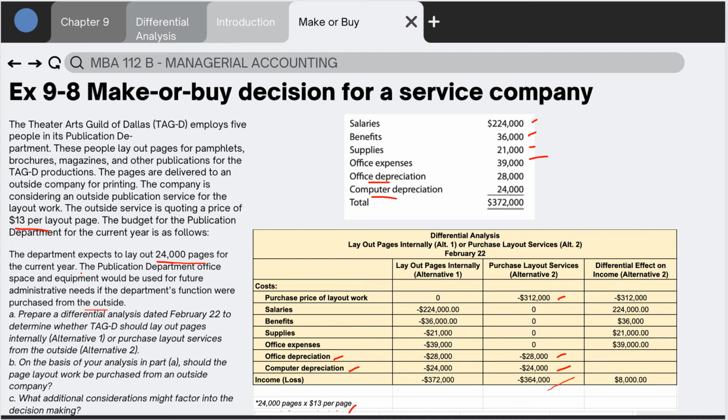For the differential effect on income, we have a cost of $312,000 if we are going to purchase it outside, and that will eliminate the cost of the salaries, benefits, supplies, and office expenses. But the office depreciation and computer depreciation are irrelevant for this computation.